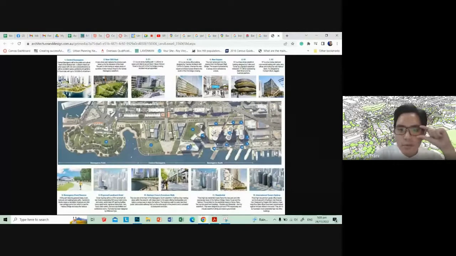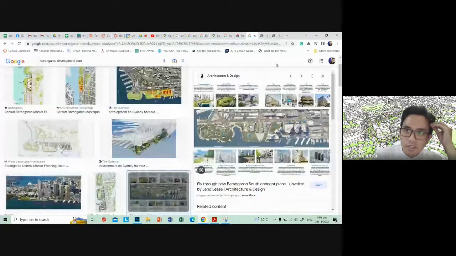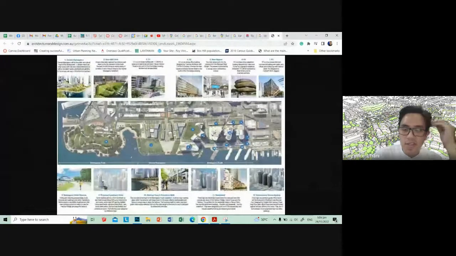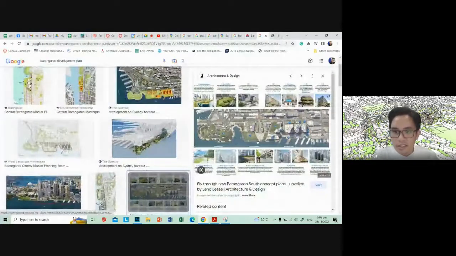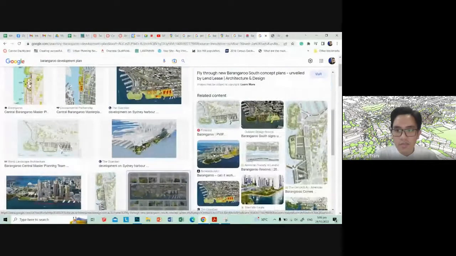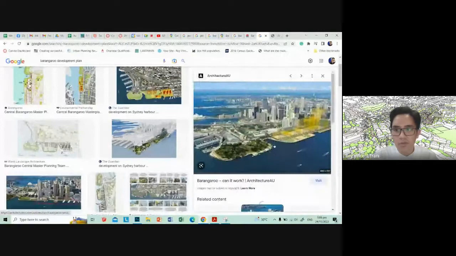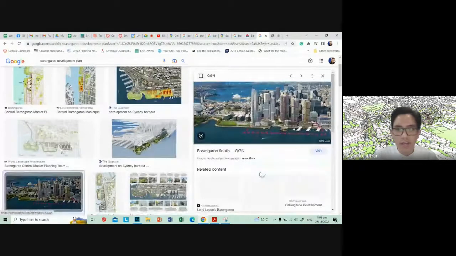Now, Barangaroo is a mixed-use development. On the right side here, there's more of the southern side of the site. You see International Tower, Sydney. So let me open it in a new tab, not HD for some reason. Let's look for an HD plan. I think this one would be better.